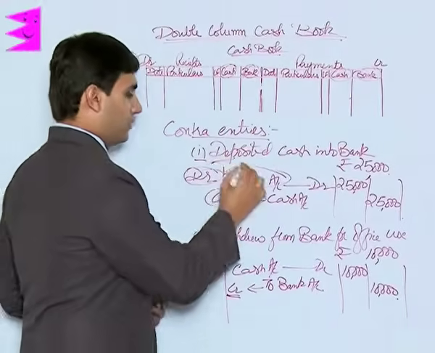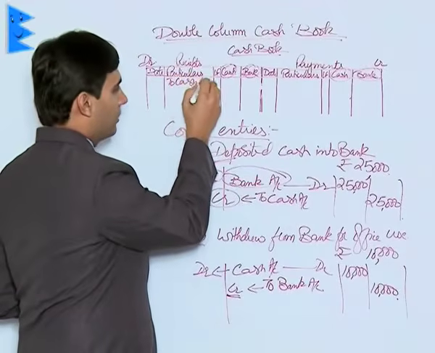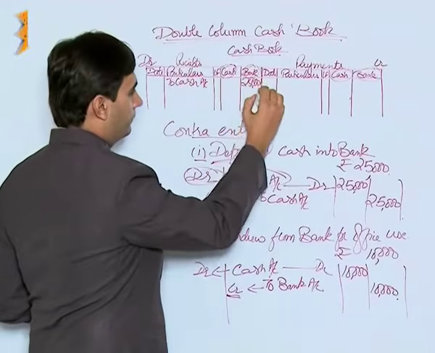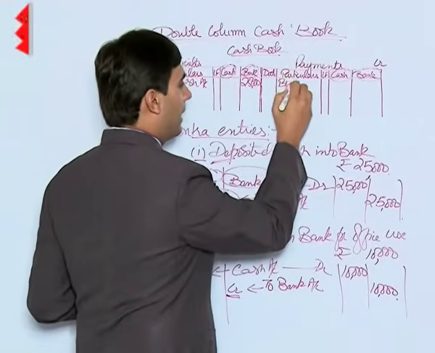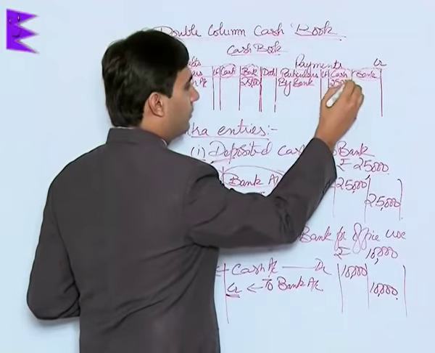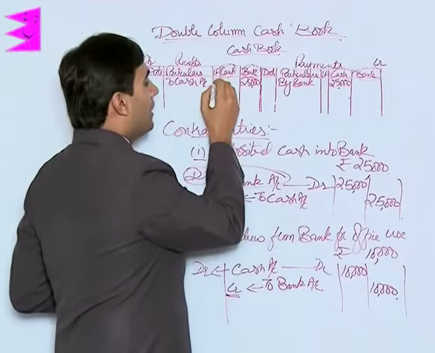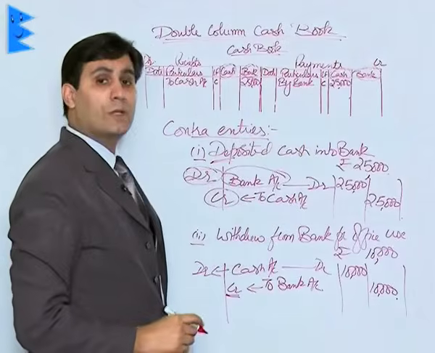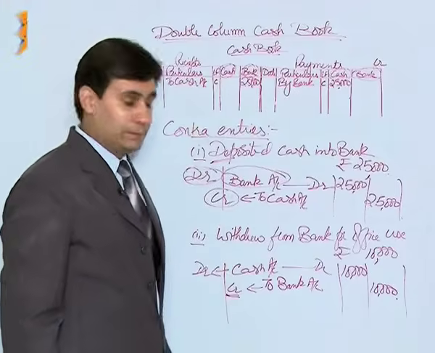For the first transaction, bank is debited, so on the debit side we will write to cash in the bank column 25,000, and cash has been credited, so by bank in the cash column we will make an entry of 25,000 rupees. Now both the postings have been made here. In the ledger folio column we will write C against these two entries, so as to signify that they are postings from a contra entry.